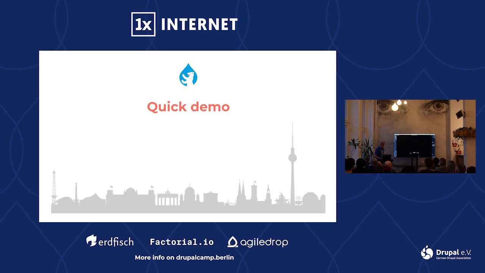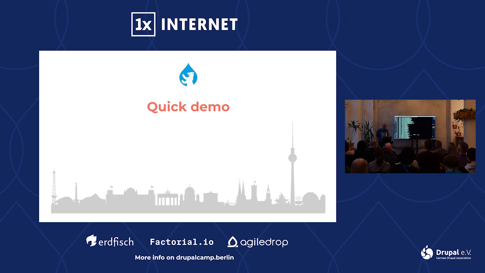Okay, let's have a look at a quick demo. What I'm showing here is I'm installing a website from scratch. This website already has some config in there because I enabled a couple of modules and some media bundles. So as you can see, there is already configuration available.